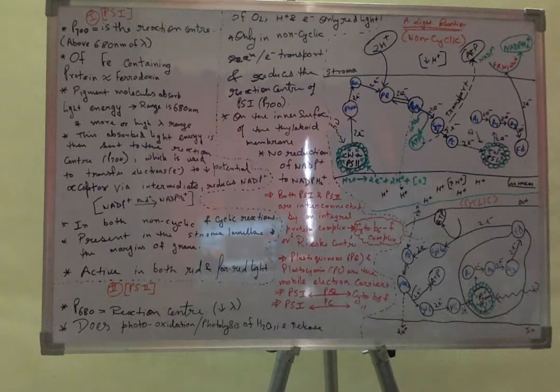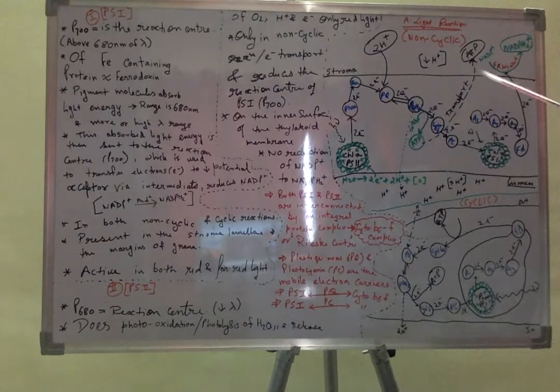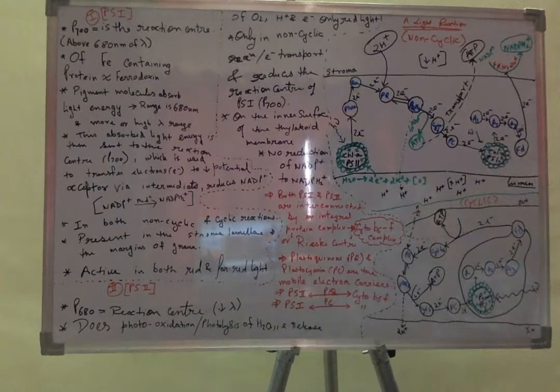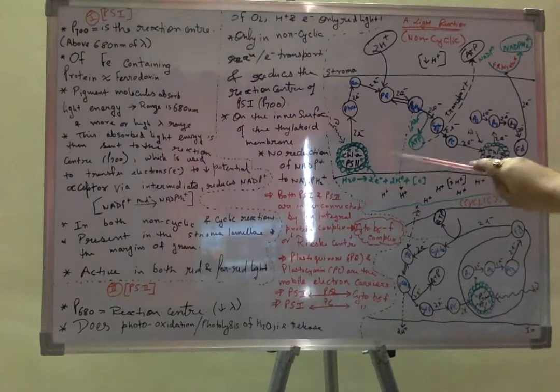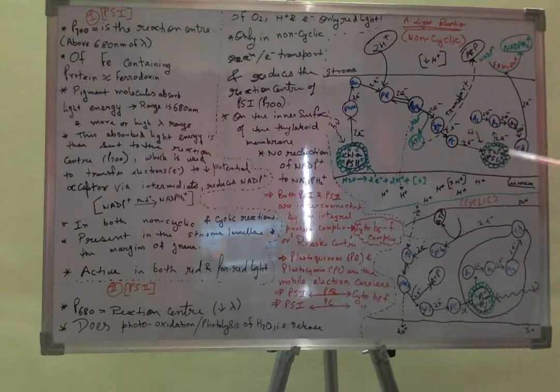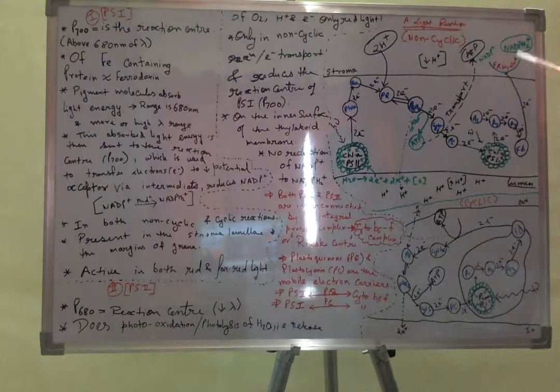That is, PS1 is involved in the reduction of NADP+ into NADPH2+. But this particular reaction is not shown by the PS2 reaction center, because as you can see, there is no formation of NADPH2+ as it is shown by PS1 reaction center.